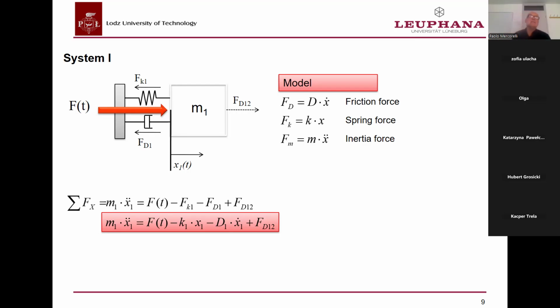K, this stiffness, is multiplied by the position to characterize the spring force. Again, K multiplied by X characterizes the spring force. We have to be careful with the wording.